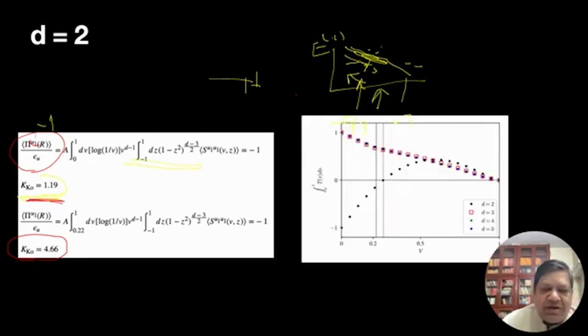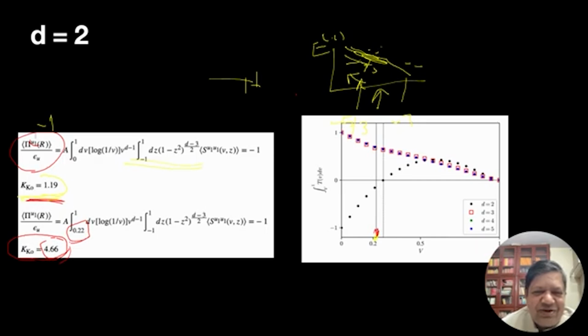However, if I use my cutoff here, if I use the lower wave number to be somewhere here, 0.22, then we get a Kolmogorov constant of 4.66, which is okay, close to 6, though not quite 6.